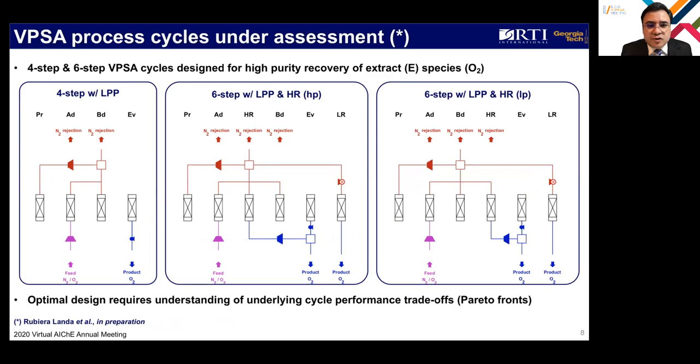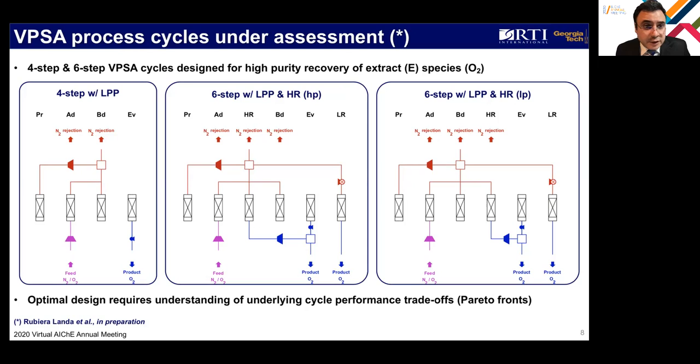So what I'm showing here are 4-step and 6-step configurations that target obtaining high purity and recovery of the extract species, in this case, the oxygen that has bound to our adsorbent. And these cycle configurations, of course, can be applied to a number of separations.